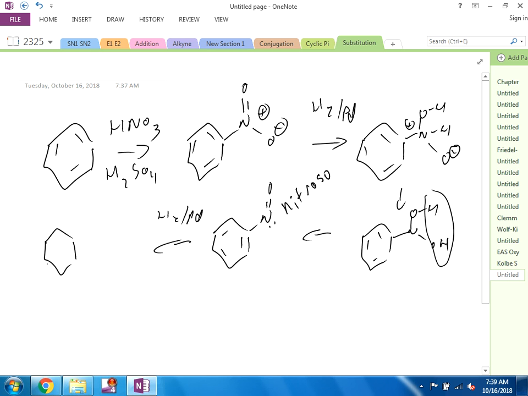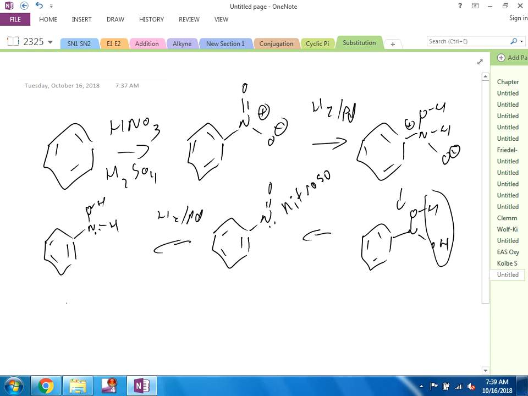And you really wouldn't be doing this stepwise, because remember, hydrogen is a gas right there, so you can't control this reaction. It's just going to keep on hydrogenating. Whoops, don't forget the hydrogen.